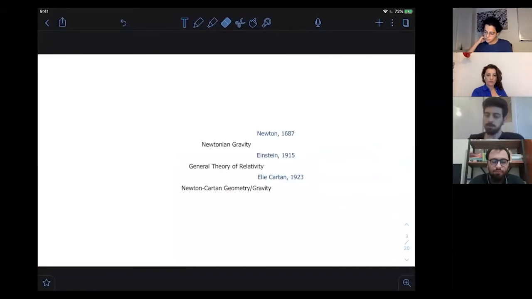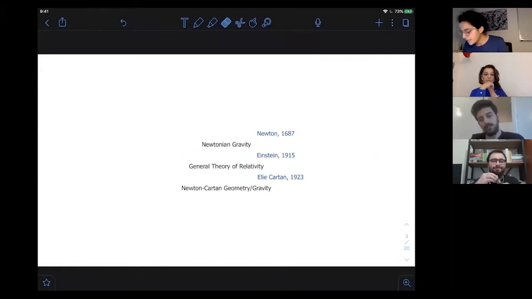Okay. So this is the timeline which is important for this talk. It starts with Newton's Principia, but the true timeline I would like to present here starts with the plague of London, which ravaged the British city in 1665.